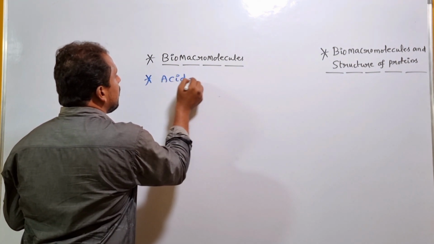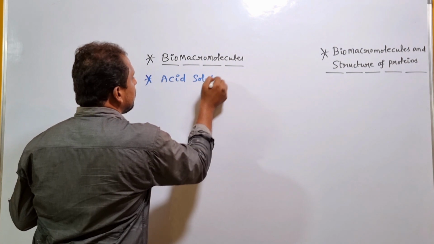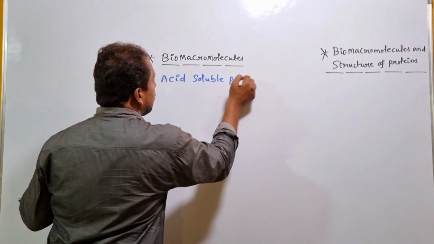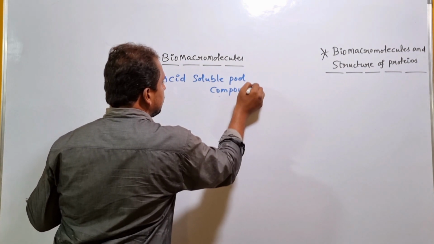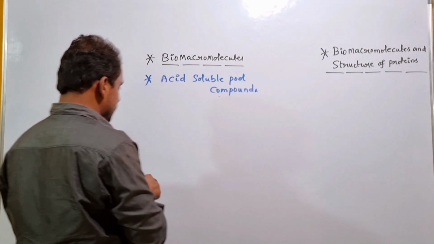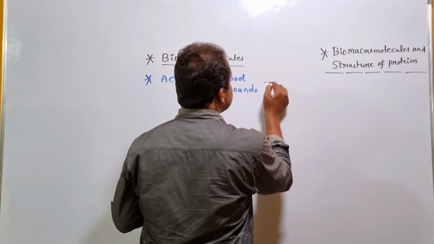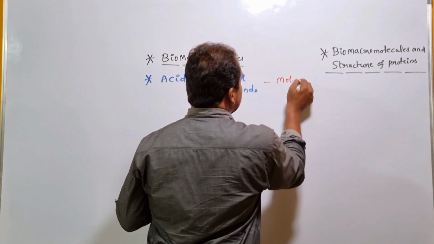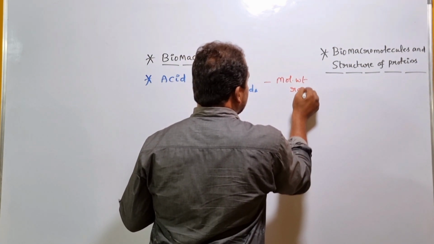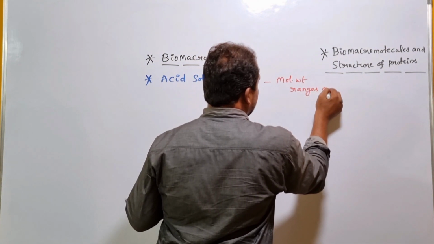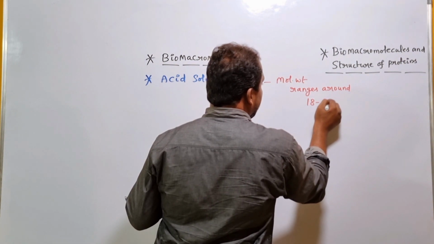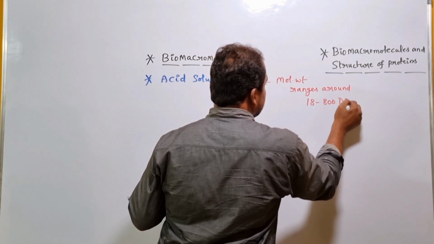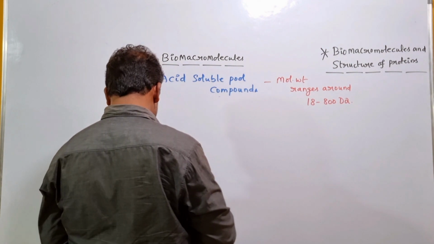Acid soluble pool compounds, molecular weight, its molecular weight ranges around 18 to 800 Daltons and it won't exceed more than 1000 Daltons.